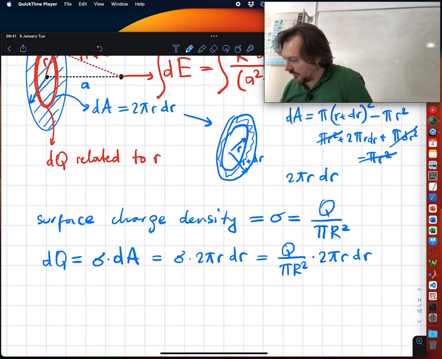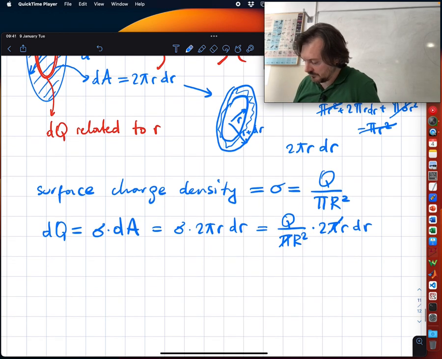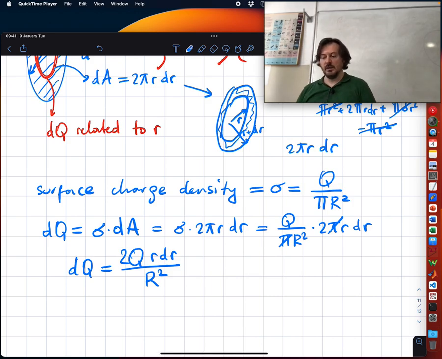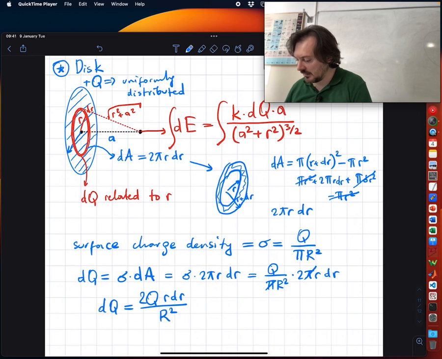Good. So we got rid of the dA here. We have dq is equal to Q 2 r dr over R squared. So we have a relationship between dq and r. That's why we now can take this and put it back in here.